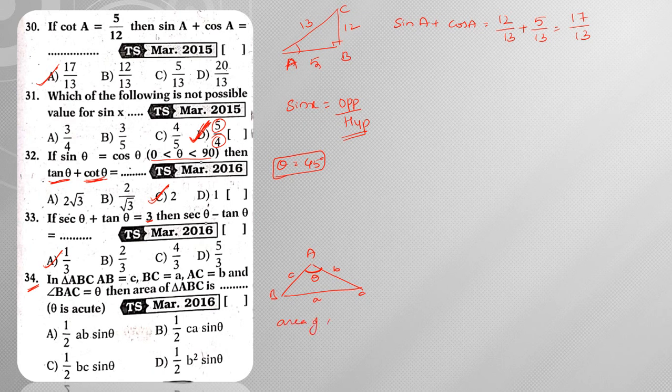Area of triangle ABC is half into the product of these sides, which is b into c into sine of the included angle, sine theta. Hence the answer is half into bc sine theta. So option C will be my answer here.